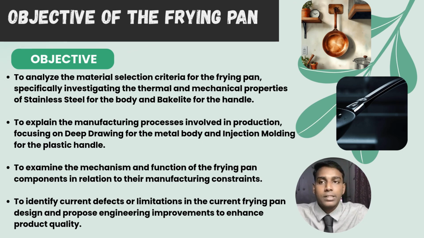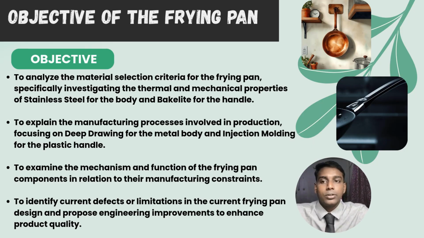I would like to present the objectives of the frying pan project. First, to analyze the material selection criteria for the frying pan, specifically investigating the thermal and mechanical properties of stainless steel for the body and bakelite for the handle. Second, to explain the manufacturing process involved in production, focusing on deep drawing for the metal body and injection molding for the plastic handle.